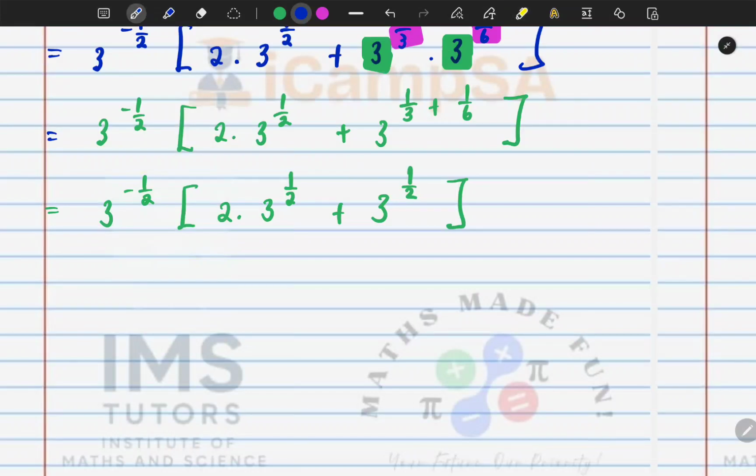So now you have 3 to the power of negative 1 over 2 times 2 times 3 to the power of 1 over 2, plus 3 to the power of negative 1 over 2 times 3 to the power of 1 over 2.